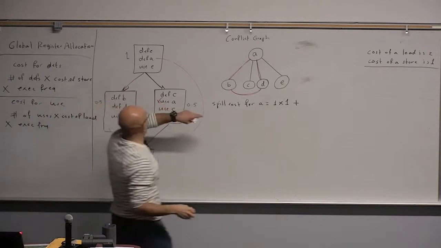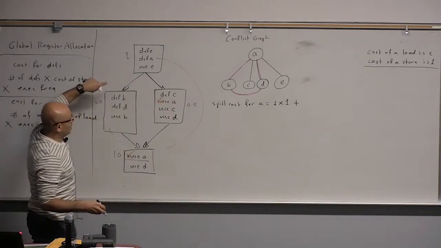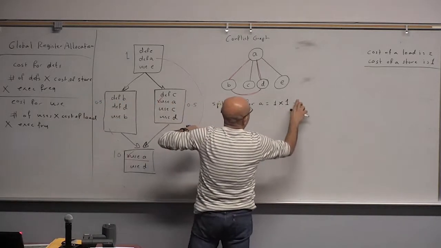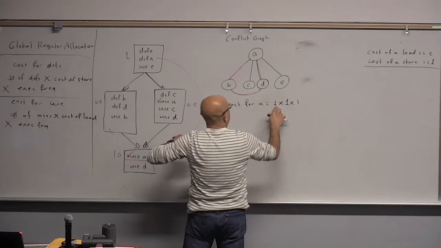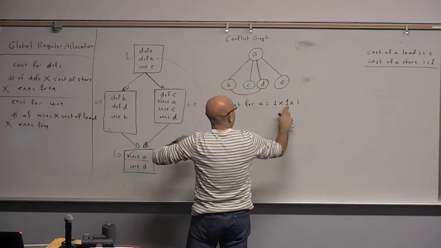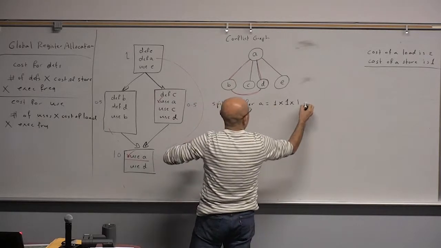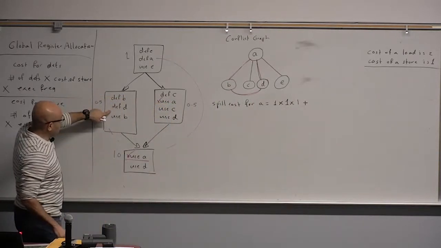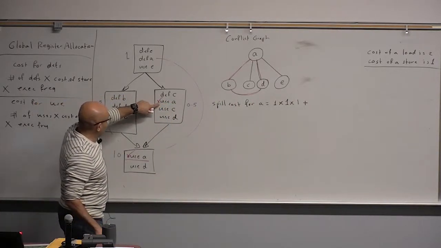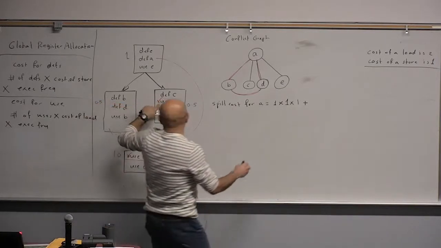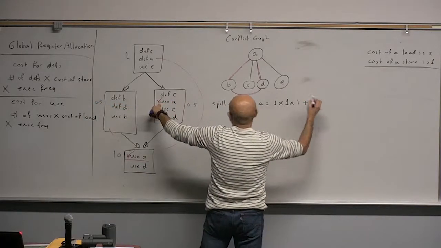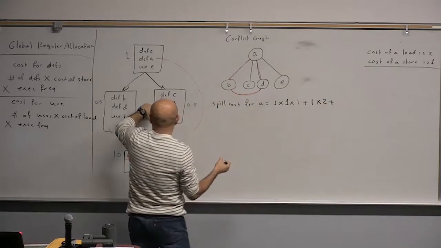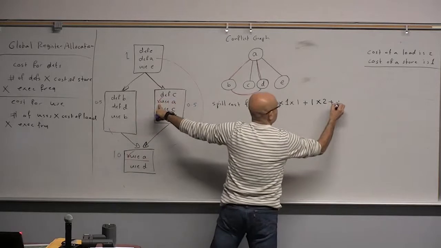So for A, we'll have 1 times 1 in this basic block. Or in fact, it's 1 because there is one definition. So it's one definition, the cost is 1, and the execution frequency is 1. In this basic block, we don't have any A. In this basic block, we have a use of A. So we will have 1 use multiplied by the cost of a load, which is 2, by the execution frequency, which is 0.5.